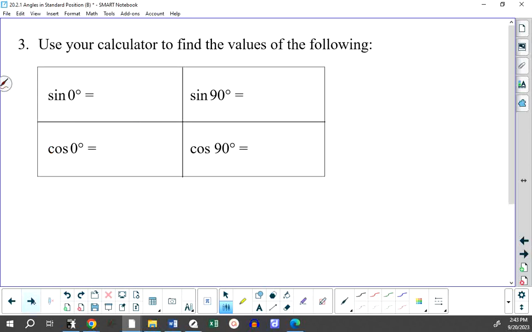Use your calculator to find the value of sine of 0. What's the sine of 0? Which is kind of weird. 0 degrees. One? No, sorry, 0.